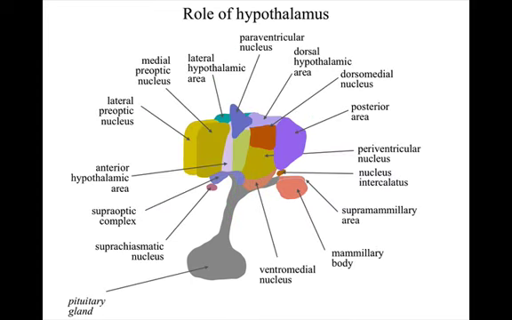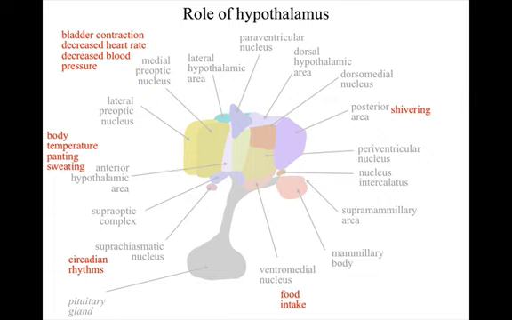So what's the role of the hypothalamus? There does seem to be some relationship between different major nuclei and different general types of behavior. Some nuclei play roles in maintaining body homeostasis, keeping parameters like body temperature within an appropriate range by initiating mechanisms like shivering or sweating.